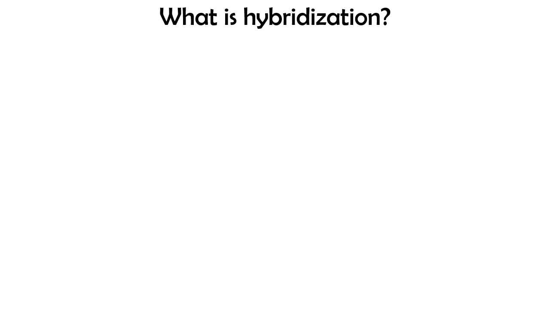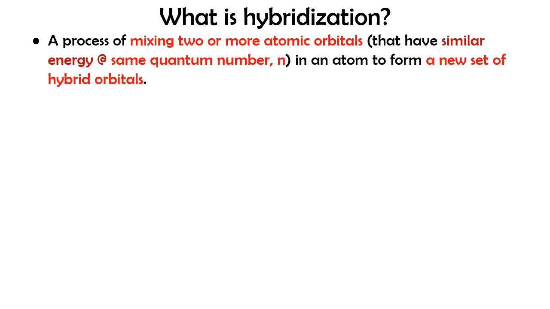What is hybridization? It is a process where we mix two or more atomic orbital, which is the SPDF orbital that we already learned before this, that have similar energy, means same quantum number. Kalau kita nak mix, mesti 2s dengan 2p. Dia tak boleh 1s dengan 2p.